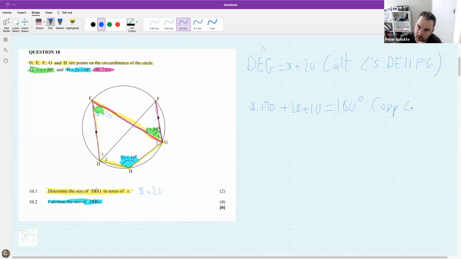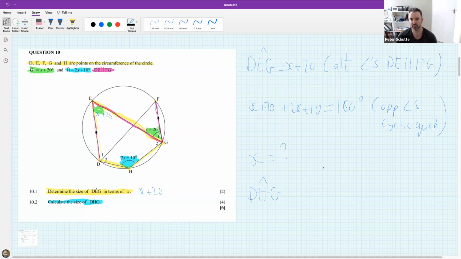And we'd say opposite angles cyclic quad. Now, I want you to take this, find me the value of x, and then tell me what is the size of DHG. So over to you guys and girls. I want to see it in the chat.